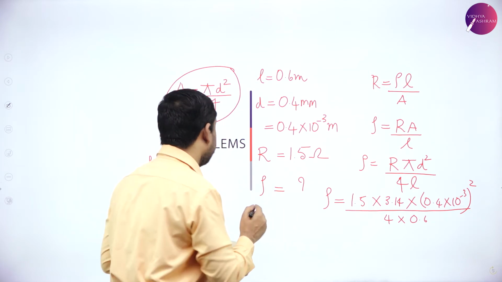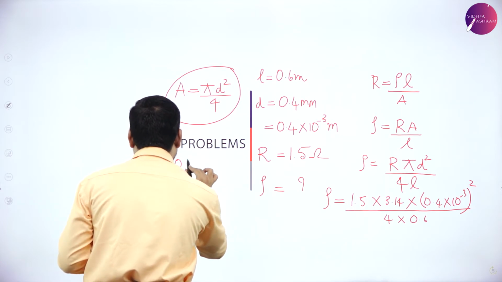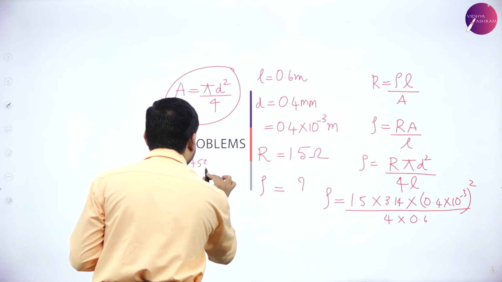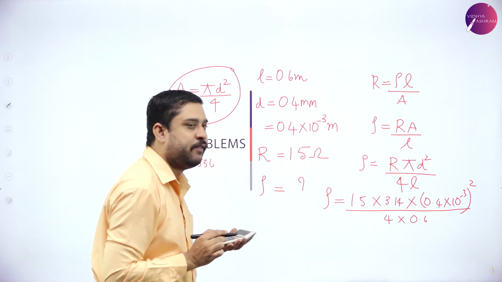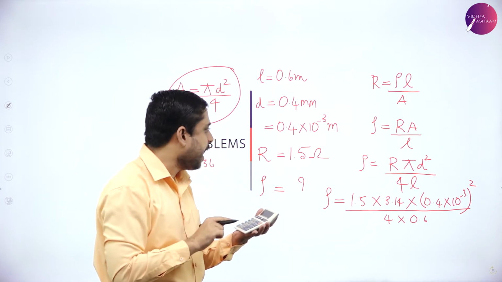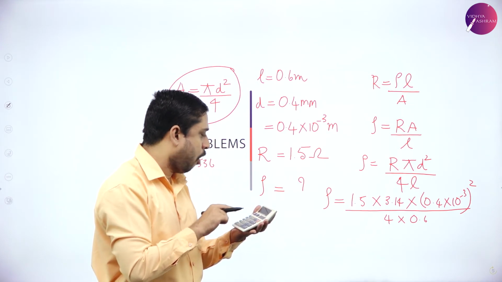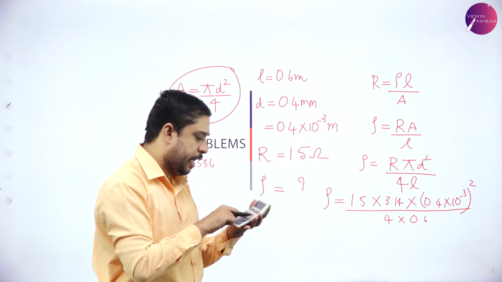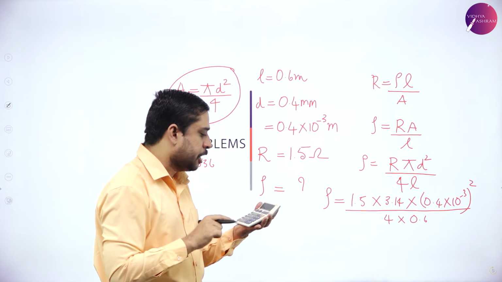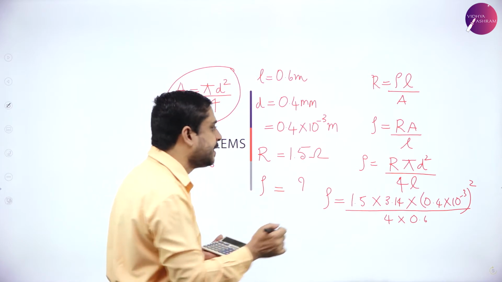This is 0.7536. Just for our convenience, we will check it again. 1.5 into 3.14 into 0.4 into 0.4 is 0.7536.